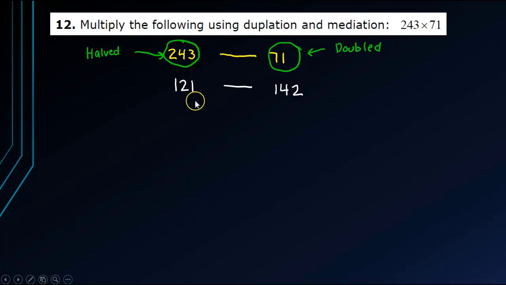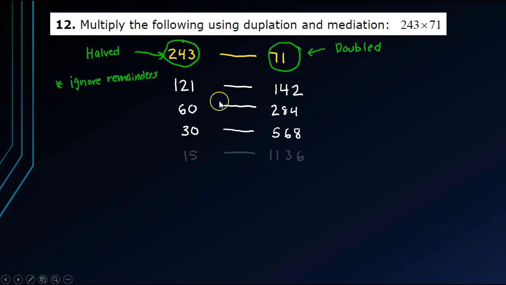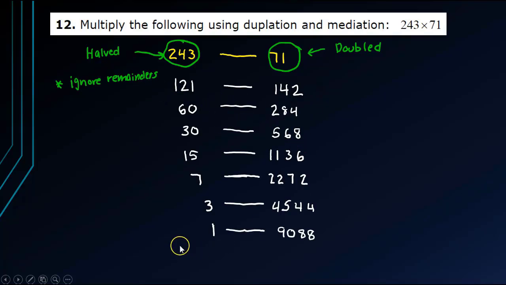So I'm going to have 121 and 142, cutting that in half. So that's actually 121.5, but I cut off to 0.5. This is 142 when I double it. So I ignore remainders. And I do the same thing all the way down until I get to 1. And now, I include this number up here. Now what I do is I look at anything that has evens. So 60 on the left-hand side.